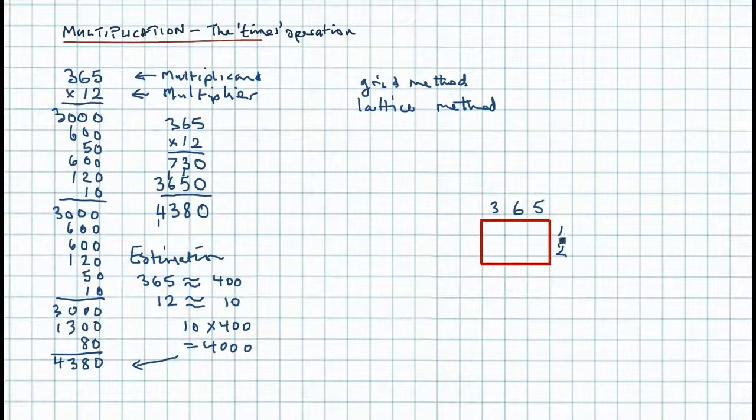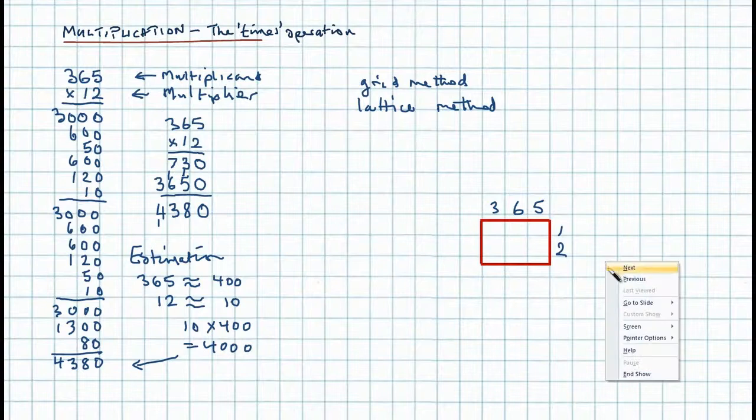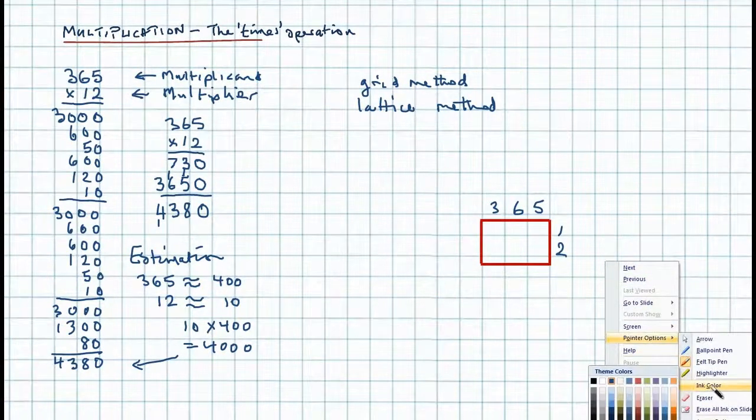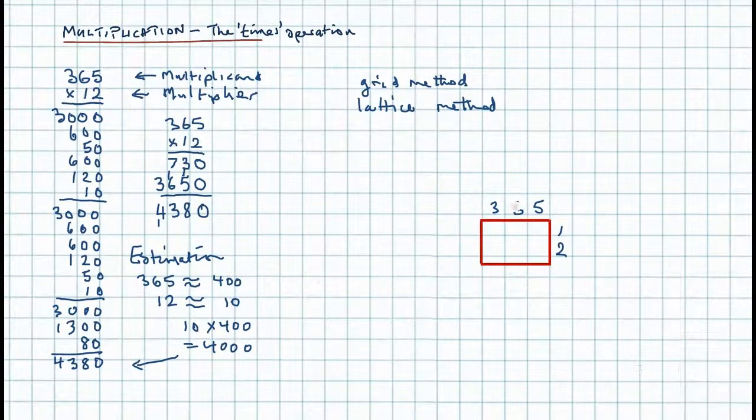So now we just multiply out, but before we do that, we've got to make our lattice. So let's just change the ink color here. You might want to use pencil, it works really well for this. We're going to draw a diagonal. It's quite tricky. It's helpful if you've got squared paper.